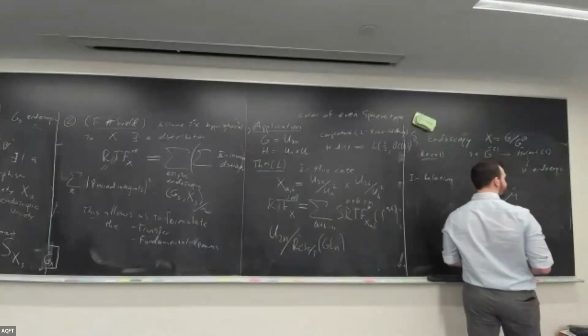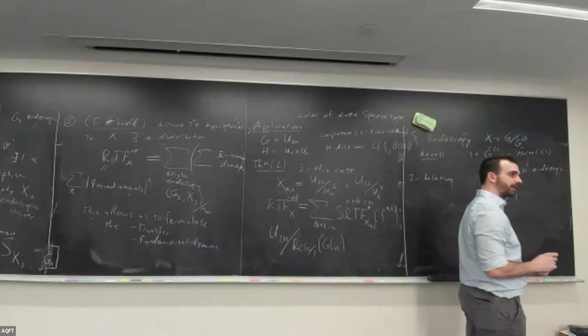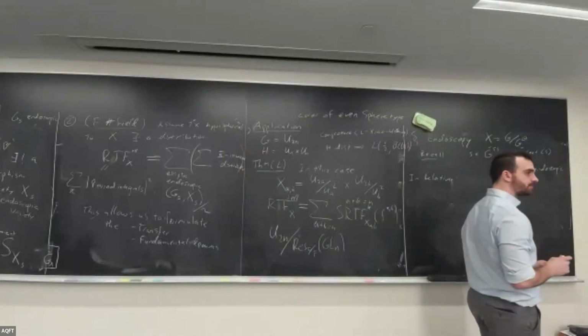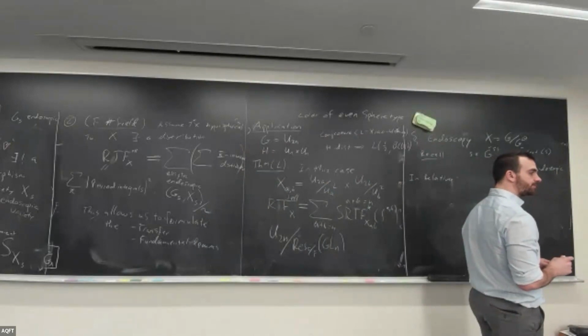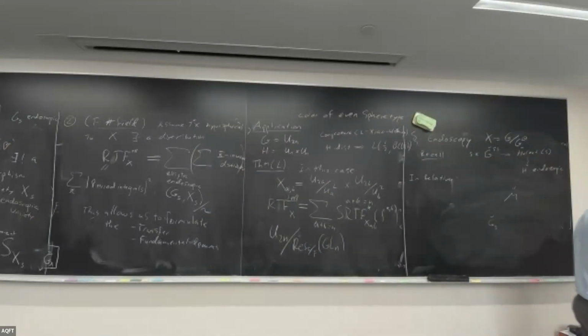Right, it's a bimodule. With restriction, and then just take the dual to that as a Hamiltonian H, the endoscopic group space. There's a duality on Hamiltonian spaces for the endoscopic group. So is that what the space is?